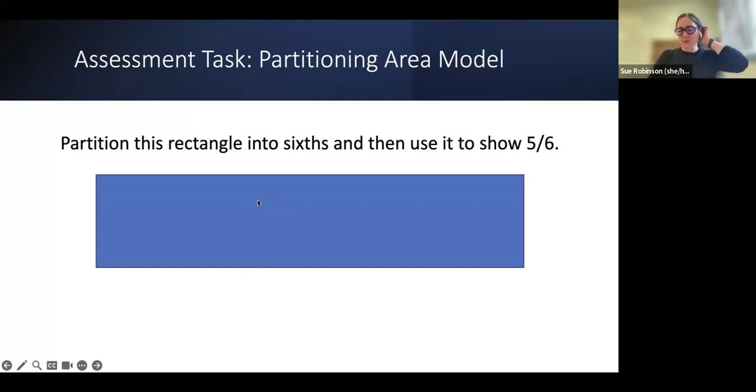So fight the urge to always give them shapes that have the partitions already made. Cuisenaire rods are really wonderful for that because, depending on which one you're using as the whole, you can use your Cuisenaire rods to represent any number of different fractions, as opposed to fraction strips where the fractions are already labeled right on them, as I saw in somebody's classroom, like, here's 1, here's a half, and those names are attached to the strips.